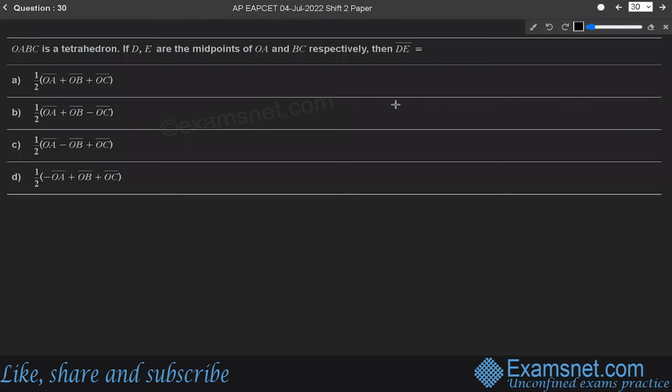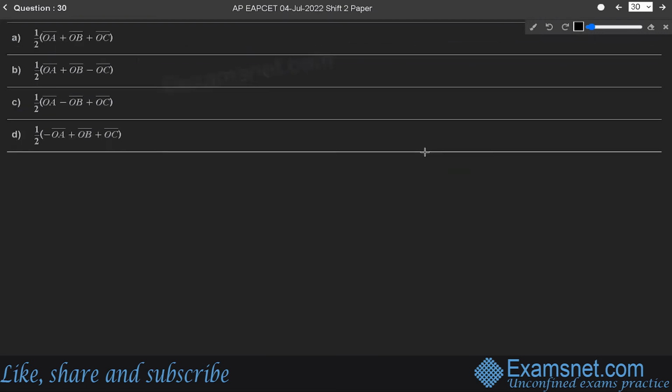Next question is, OABC is a tetrahedron. If D and E are the midpoints of OA and BC respectively, then DE is equal to. So first let us draw the required diagram, which is a tetrahedron. It is given that OABC is a tetrahedron. Let this be a triangle ABC and let O be the center for this triangle.